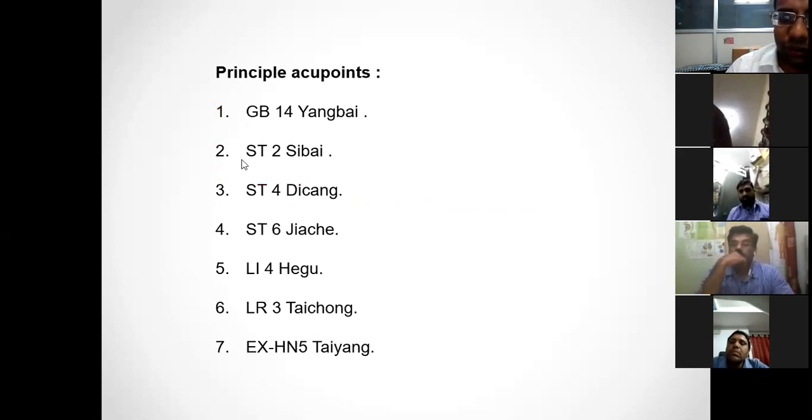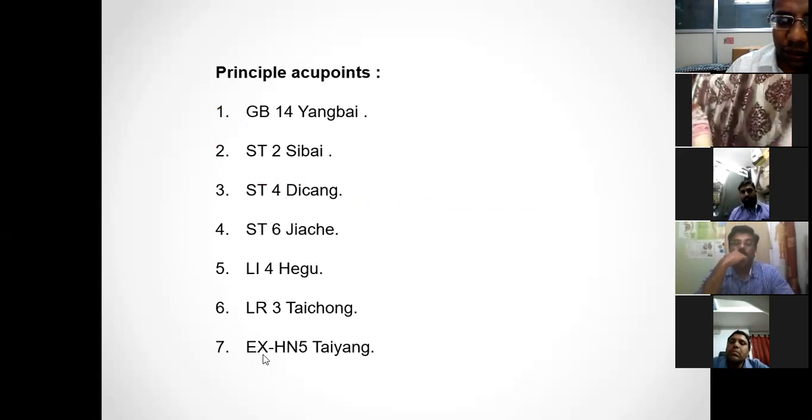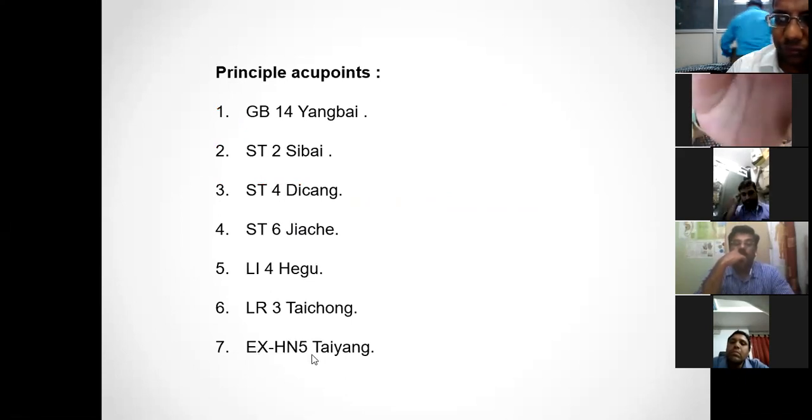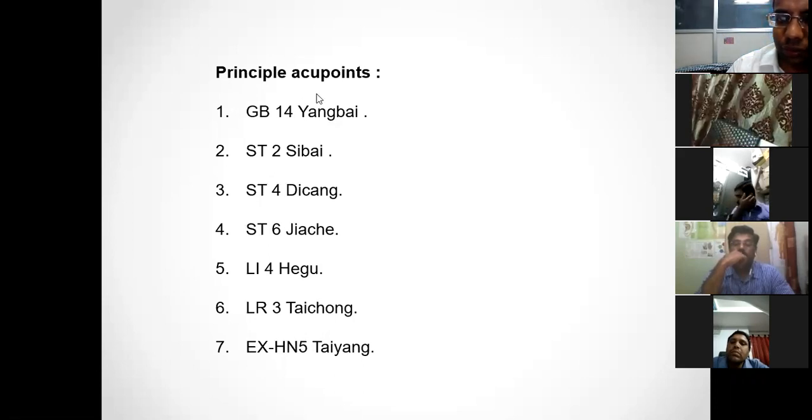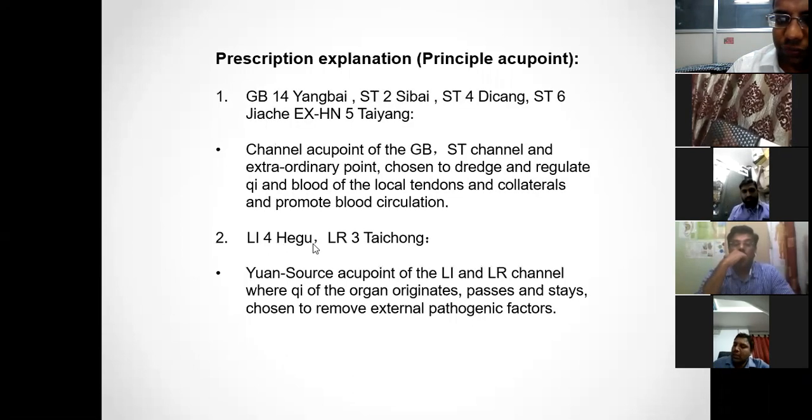Gallbladder 14, stomach 2, stomach 4, stomach 6, large intestine 4, liver 3, and extraordinary 5.